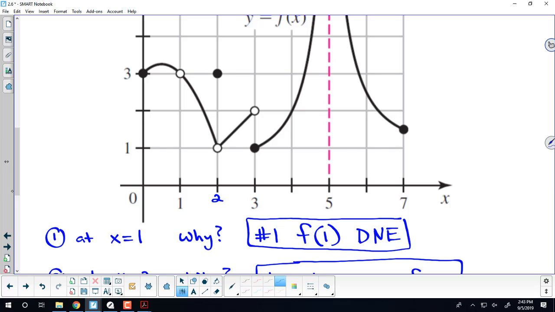Which is what kind of limit? Left-hand limit for 0 and right-hand limit for 7. Right, we're just looking at a one-sided limit. Only one-sided limits make sense here.